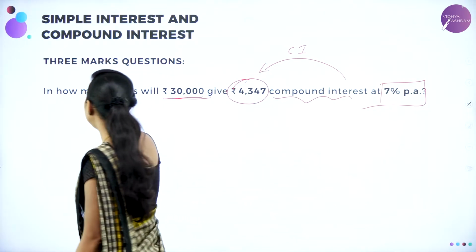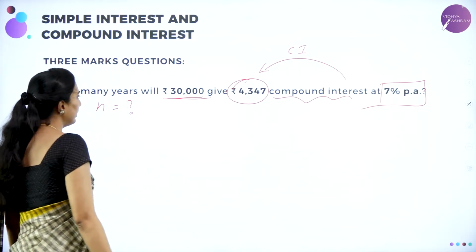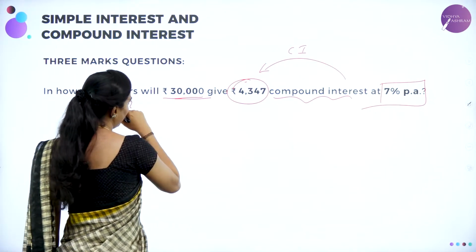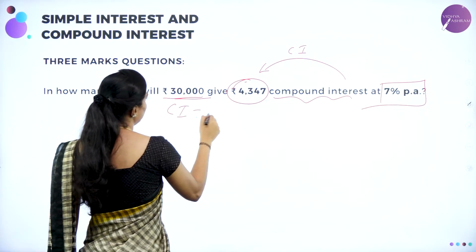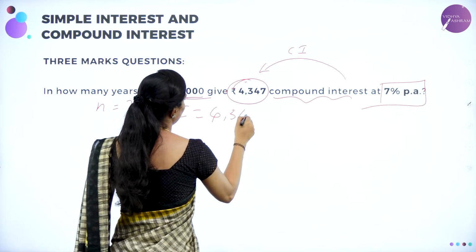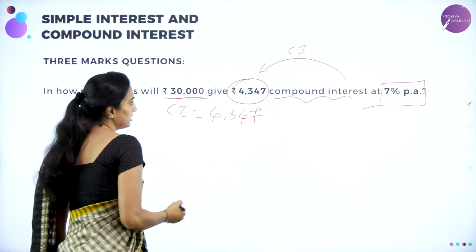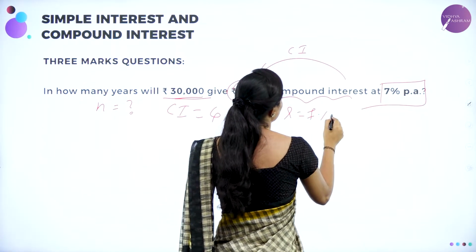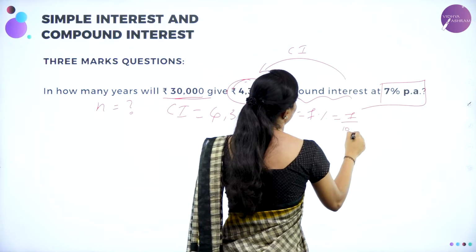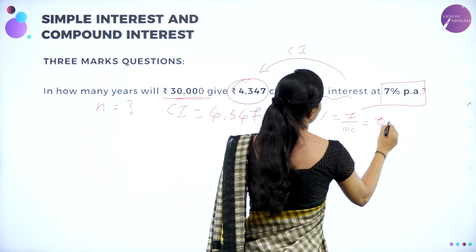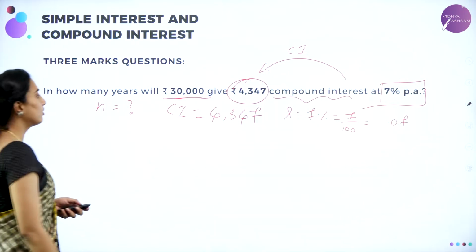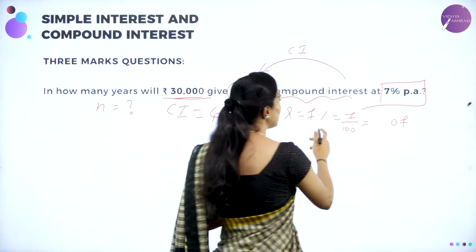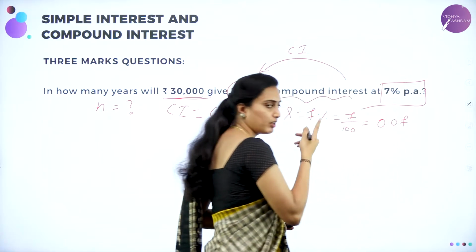What they have given: CI is equal to 4,347 and R is equal to 7%, which is 7 by 100, giving you 0.07, correct?